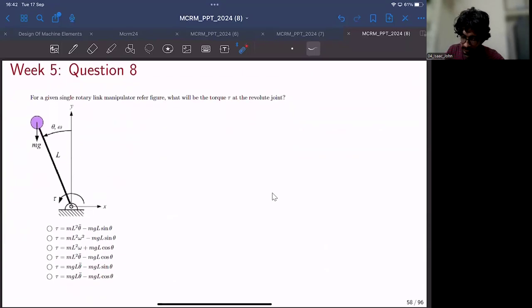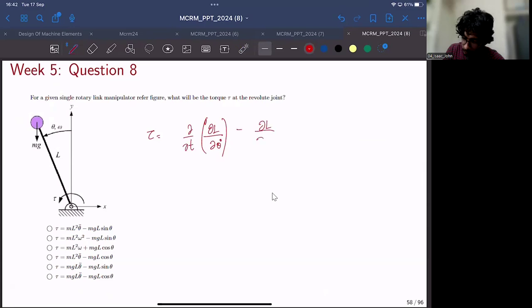And one more question is from the Euler-Lagrange equation. You have to find out the torque for the single link manipulator. So you know from the Euler-Lagrange equation that torque is nothing but d by dt of dou L by dou theta dot, minus dou L by dou theta, where L is Ke minus Pe.